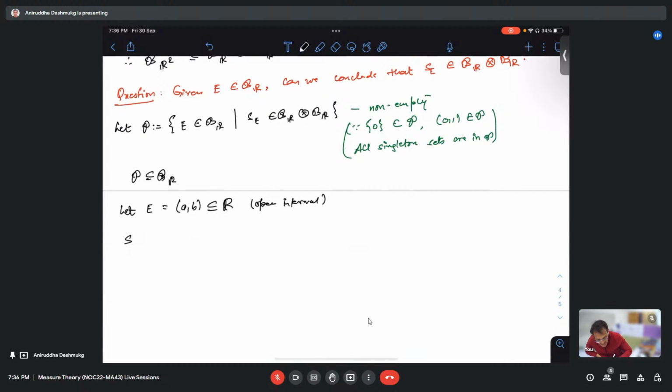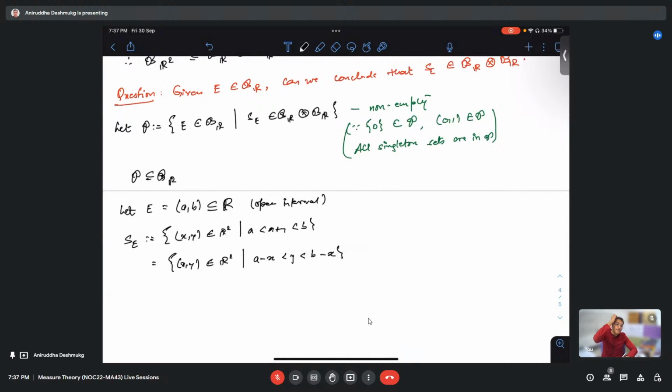Now, what about SE? SE by definition is all those xy in R2 such that A is less than x plus y is less than B, which is xy in R2 such that A minus x is less than y and y is less than B minus x.